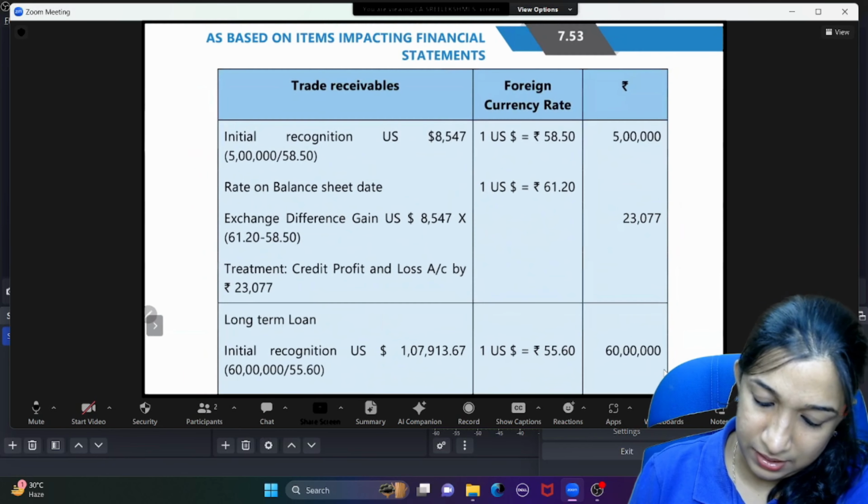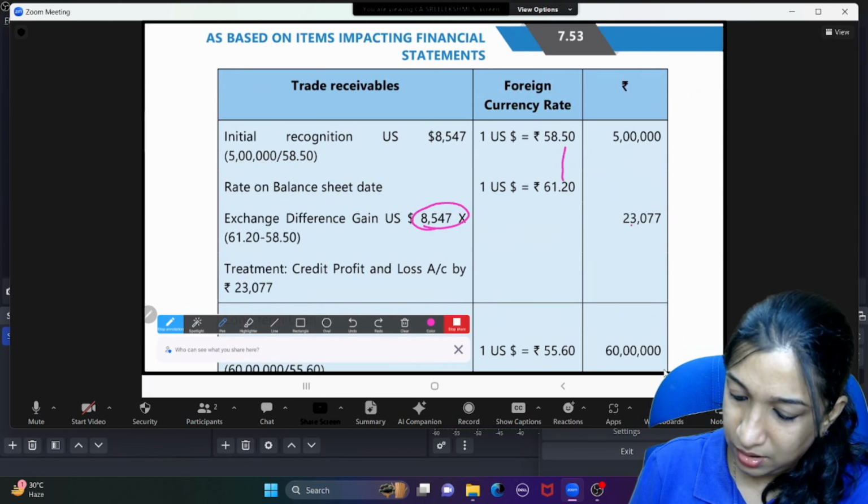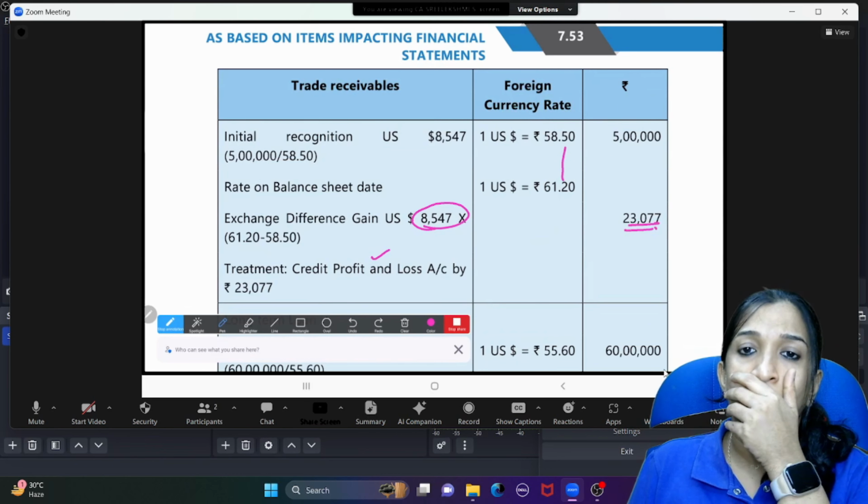So Umesh, trade receivables, initially 8547 dollars, gain, difference, credit P&L.